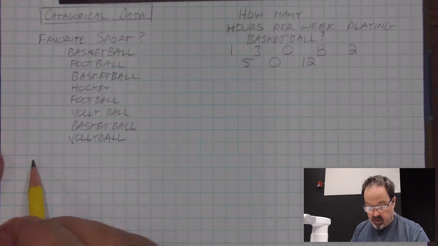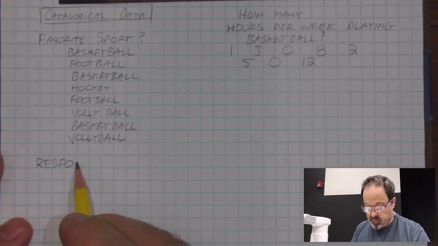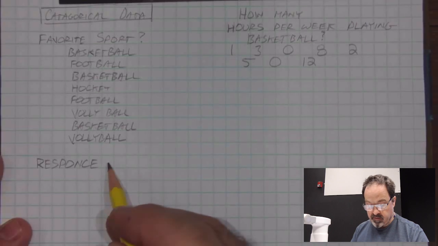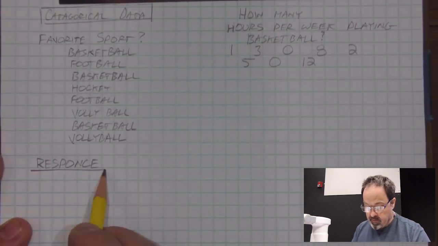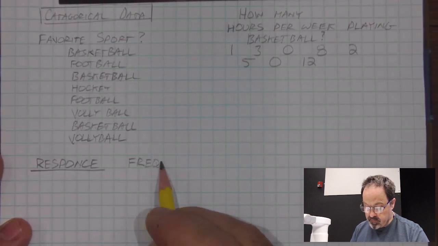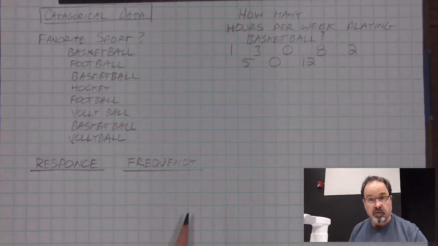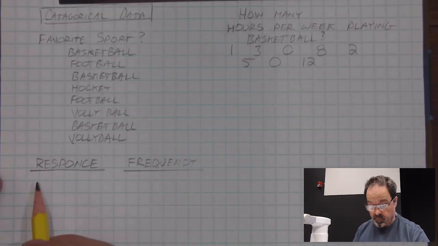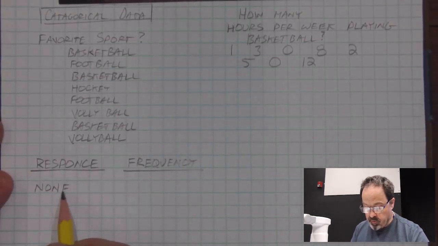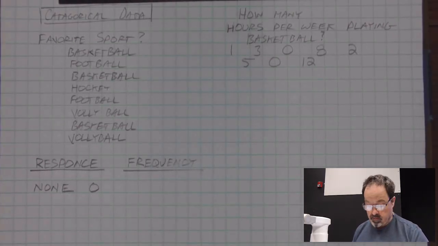For example, if I made a table of the responses to this question, how many hours per week playing basketball, and then recorded the frequency of the response, my responses could be put into categories. For example, I could create a category that was all the responses of none or 0 hours playing basketball.